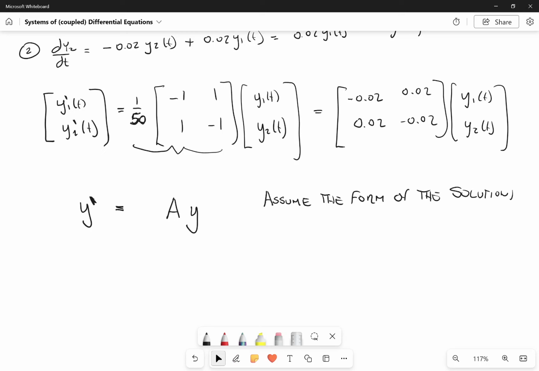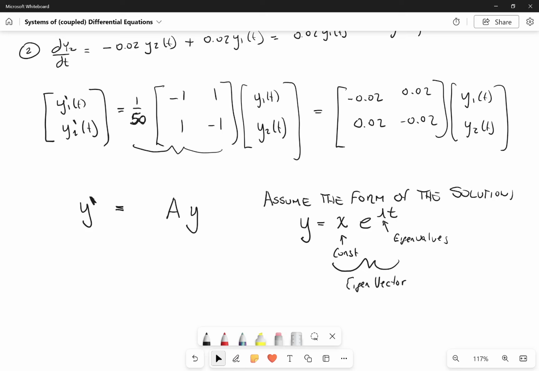So what we're going to assume is that y is equal to x, which is just a constant vector, times e to the lambda t. Here lambda is the eigenvalue, and x is an eigenvector.